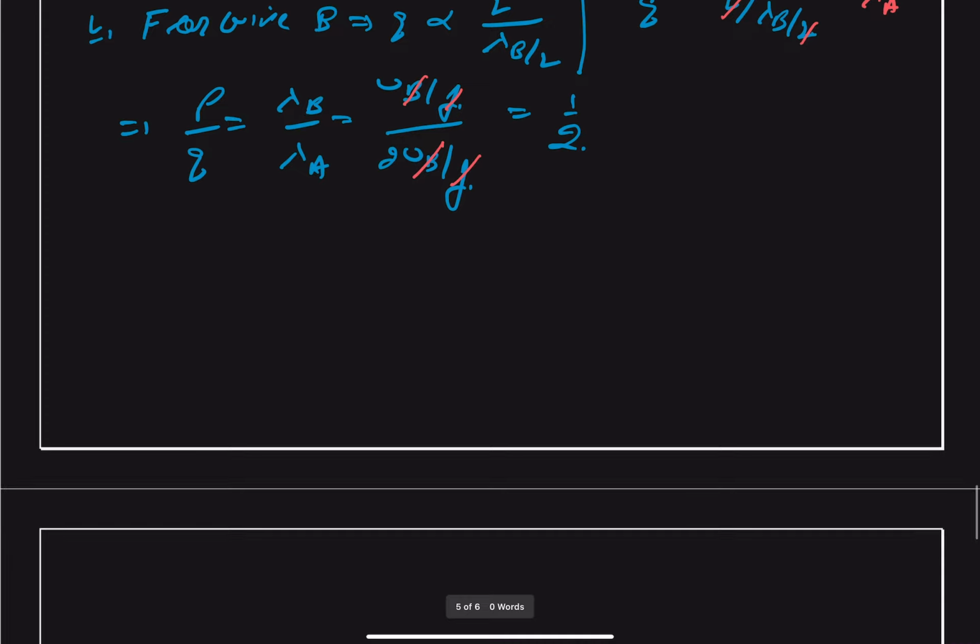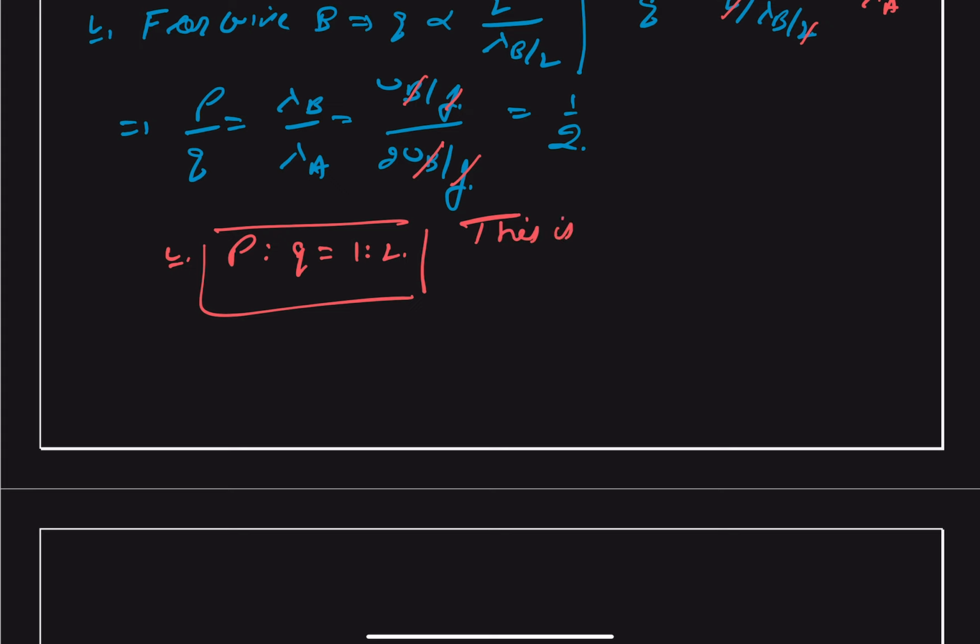So therefore the ratio P is to Q is 1 is to 2. This is the ratio of antinodes.